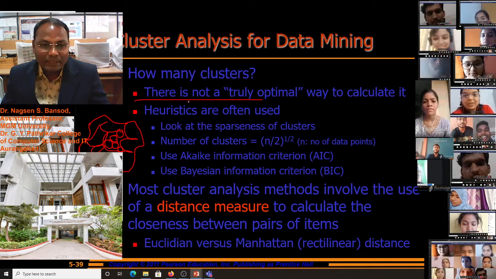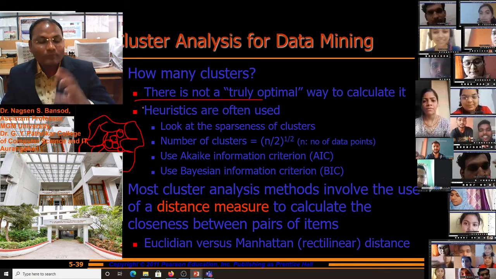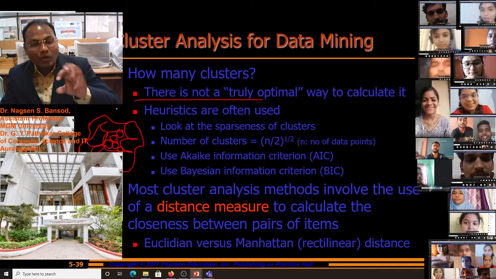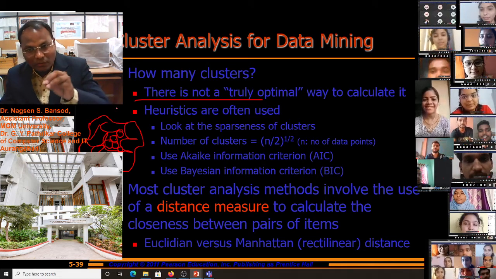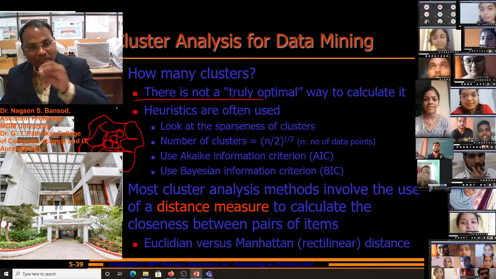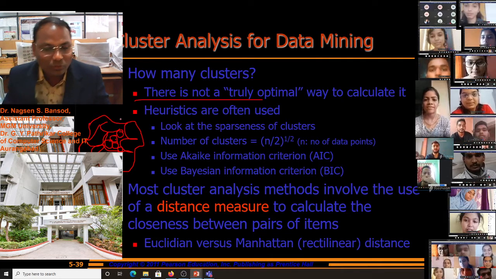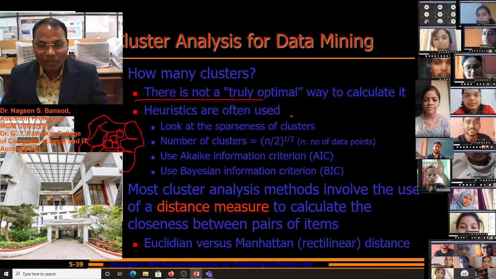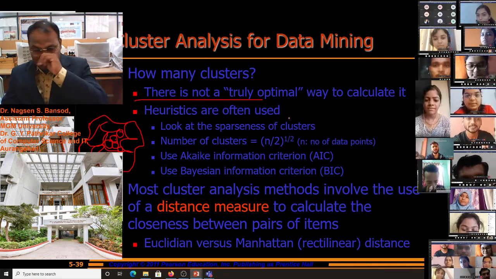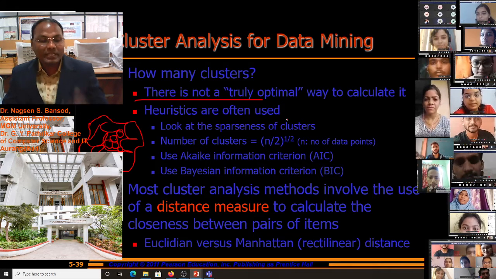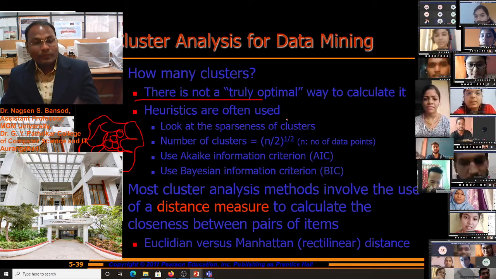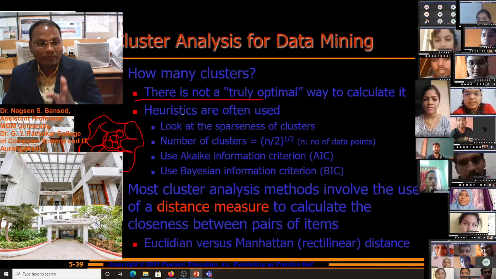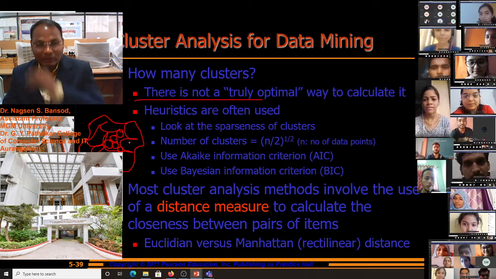We cannot directly say the optimal number of clusters, but by using machine learning it can be possible to identify. Heuristics are often used, according to our experiments and experience of the experiments. We have to design our new rules, and through that we can reach accuracy.